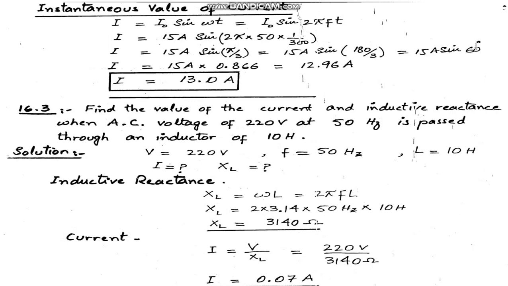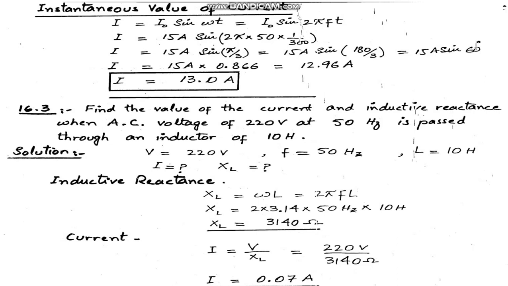So solution, voltage V is 220, that is given in the question, frequency f is 50 Hz, that's given in the question, inductor L is 10 Henry, that is also given in the question. We want to find current I and inductive reactance XL.